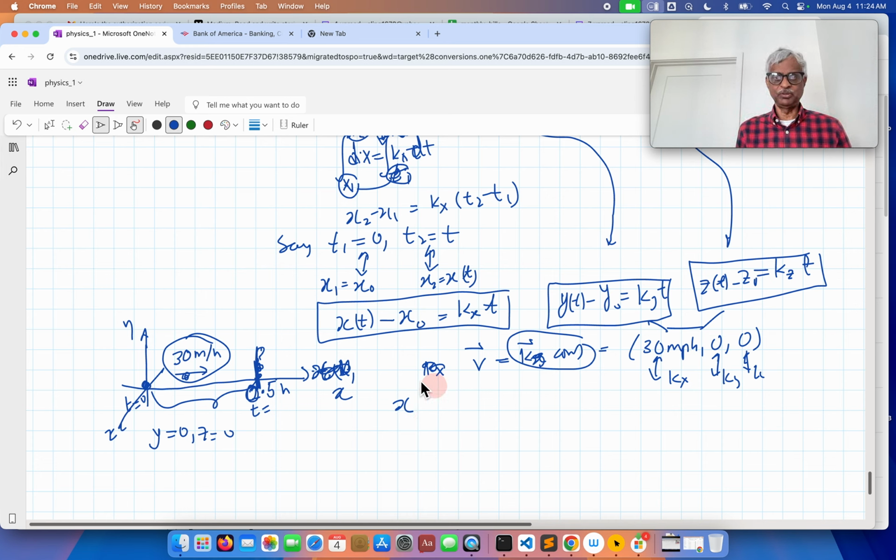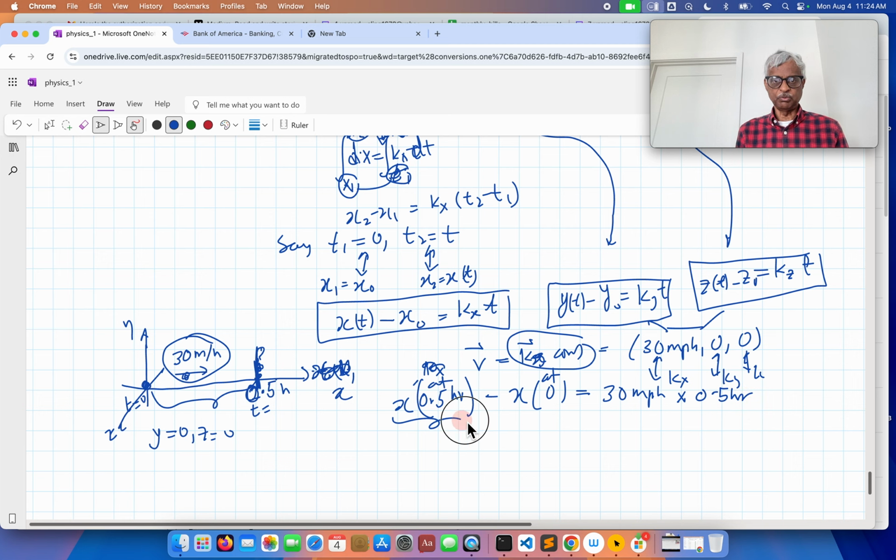you can just not go through this, and then x at 0.5 hour minus x at 0 hour is equal to 30 miles per hour times 0.5 hour.